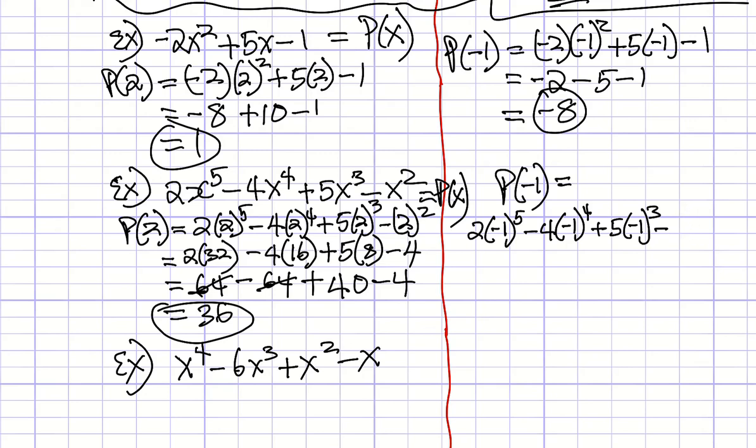You've got to substitute negative 1 raised to the power 2. Notice that when the exponent is an odd number, it doesn't change the negative number, but when it's even, it changes the negative number. So over here it doesn't change the negative, so it's negative 2.